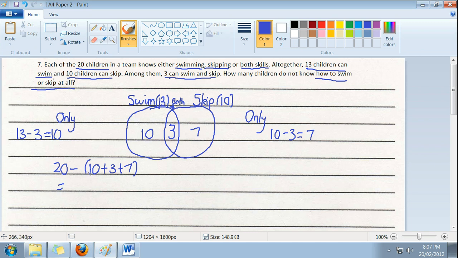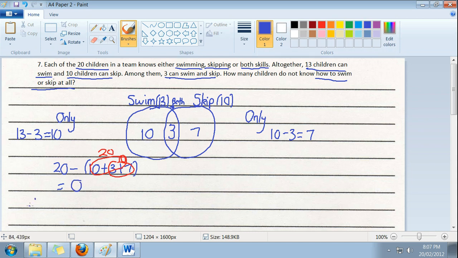Alright, so let's add the brackets first. 10 plus, sorry. If we do this, 3 plus 7 is 10. Well, 10 plus 10 is 20. Okay. So let me change that to blue. Alright, there we go. So 20 take away 20 is 0.